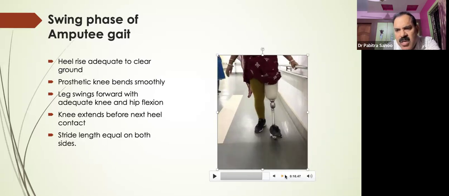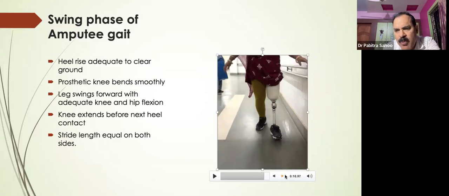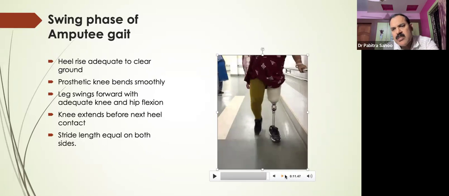You can see in this case she has a good heel strike, starting with the heel strike. So she doesn't have a quick foot flat, she's going for a gradual foot flat, right? So for these things, take a video and analyze it as we go for observation and gait analysis. The same thing can be applicable in prosthetic gait evaluation.